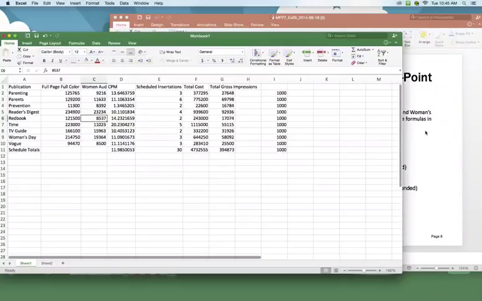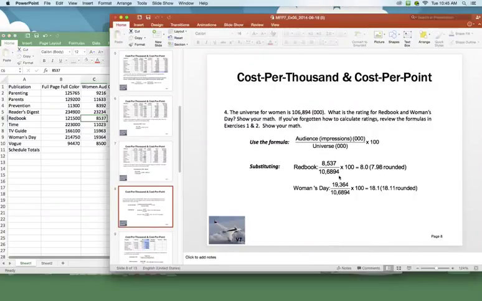We've got the Red Book at 8,537, and again, this is in thousands, divided by the universe listed here, times 100, and we get our ratings at 8 for Red Book versus Women's Day at 18.1.